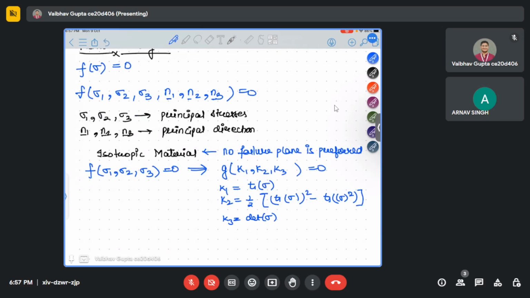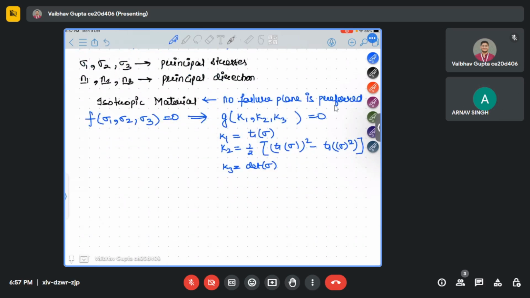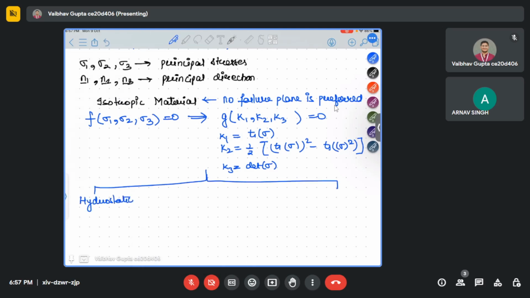Now this failure theory is subjected to two subdivisions. First is hydrostatic pressure insensitive, and second is hydrostatic pressure sensitive.